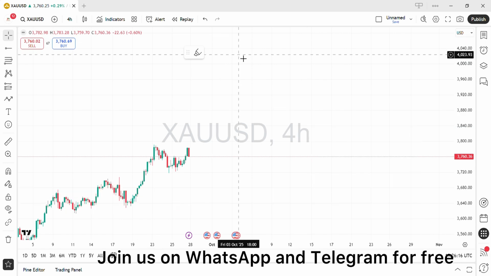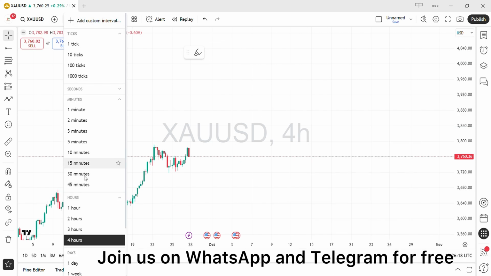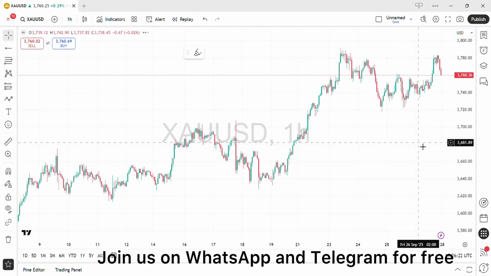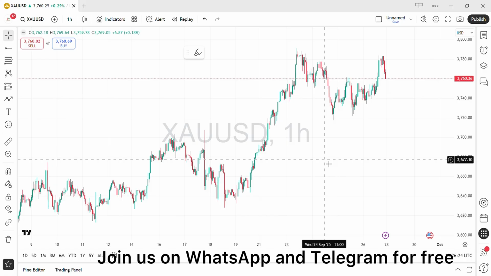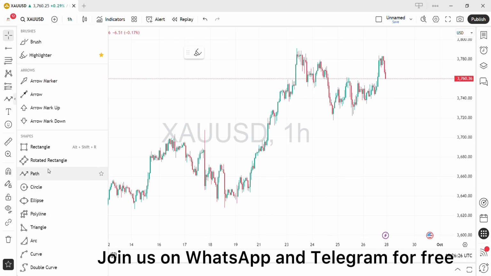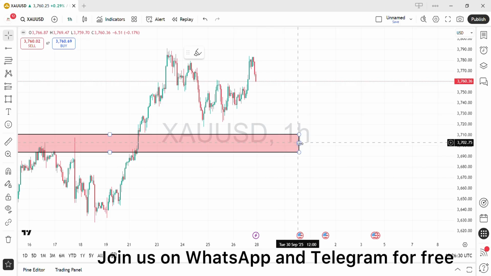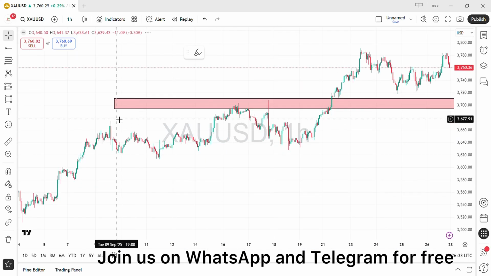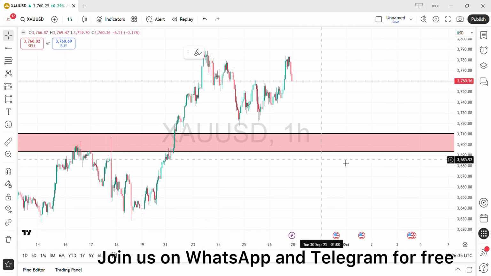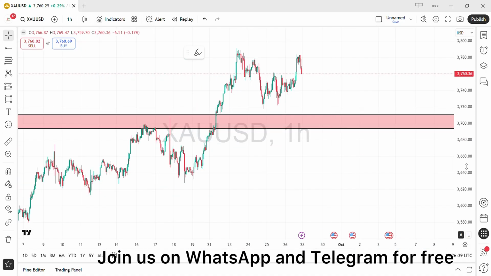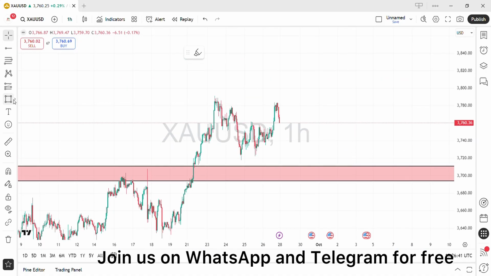So let's take a look at the H1 time frame also. On H1, as you can see, this was a proper resistance level, and the gold should test this before or maybe on Thursday, because it was very near to retest this.